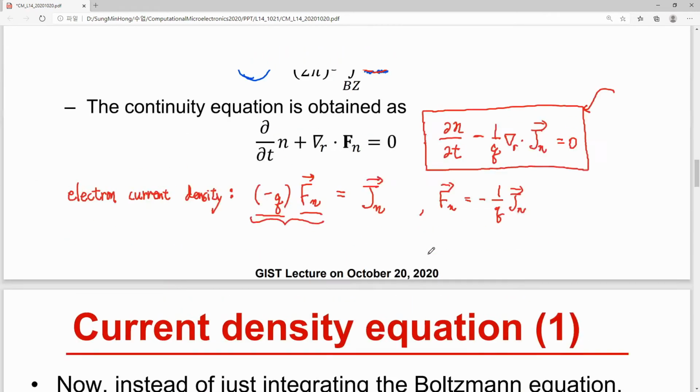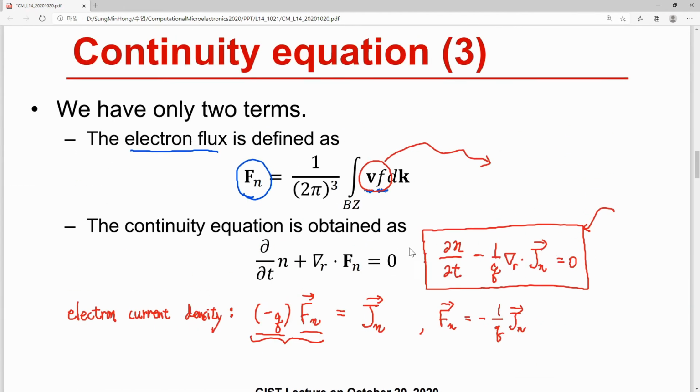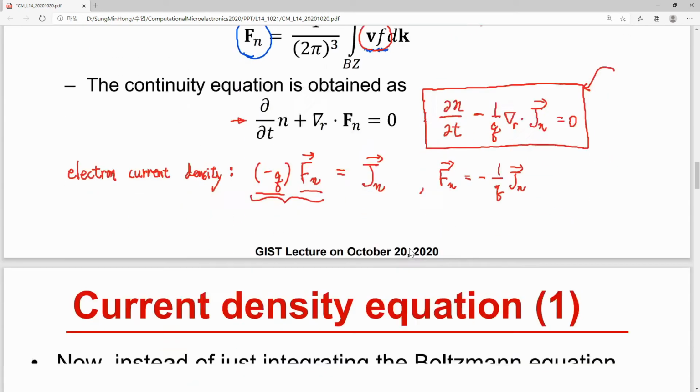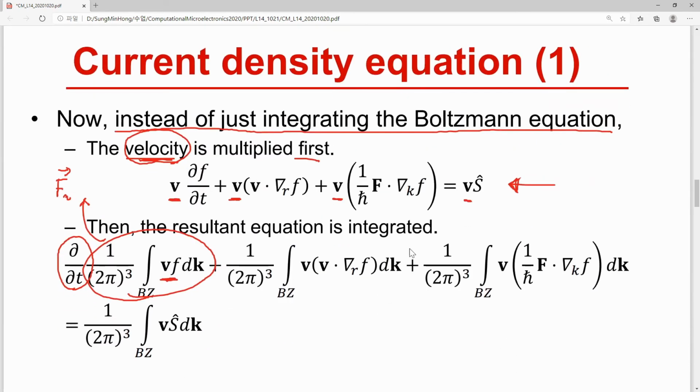Previously, our integrated Boltzmann equation described the time derivative of electron density. Why? Because at the time, we had not multiplied any physical quantity to the original Boltzmann equation. But now, our Boltzmann equation is multiplied by the velocity, so the integrated equation now describes the motion or time evolution of the electron flux quantity.